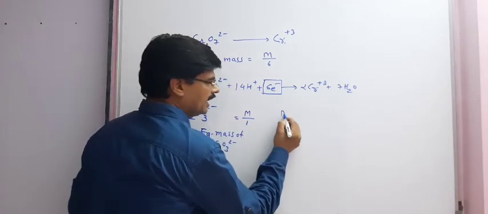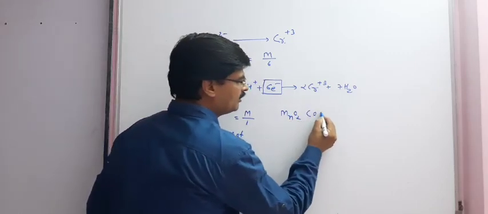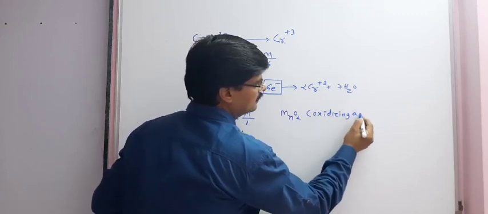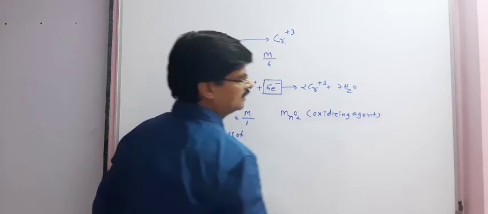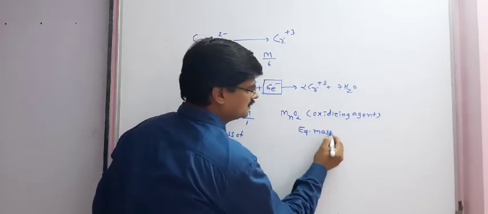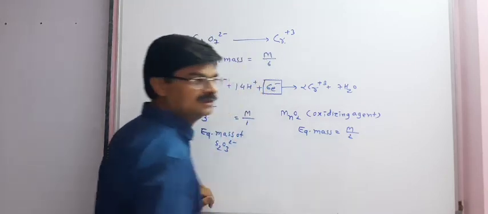Now for MnO2, manganese dioxide, when it behaves as an oxidizing agent, equivalent mass is obtained when molar mass is divided by 2.